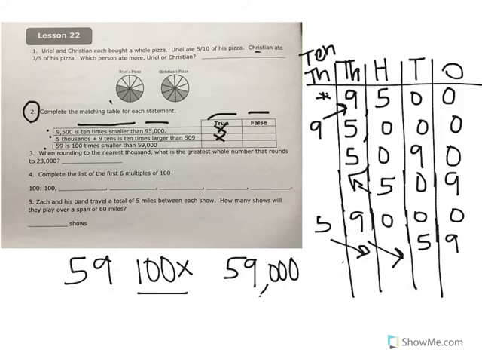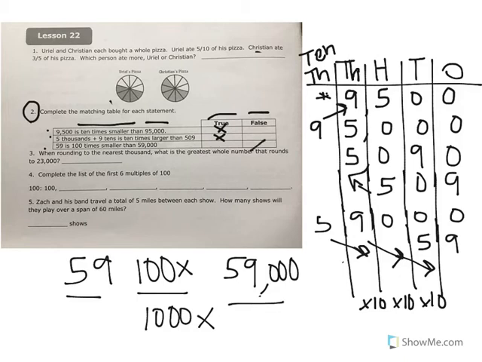So is 59 shifting it twice or 3 times? Right here I'm counting times 10, and times 10 again. So it looks like to me 59,000 is actually 1,000 times greater than 59, or 59 is 1,000 times less than 59,000. So the last one's going to be false.